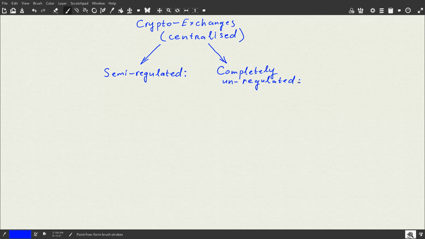So, for example, for currency trading, ECNs are like EBS, which is the number one currency exchange, semi-exchange actually, because it is not fully regulated. Reuters Matching, Currenex, and so on.